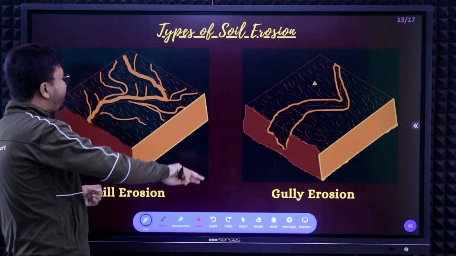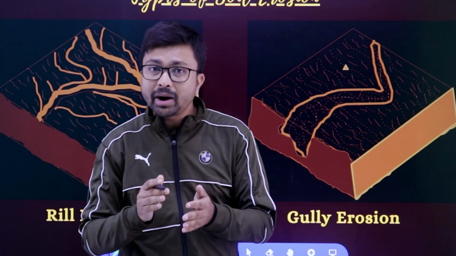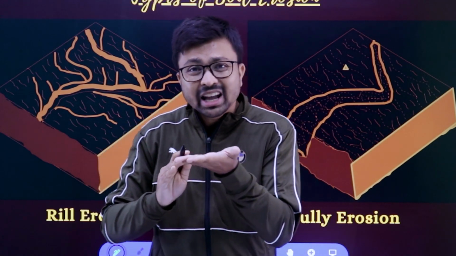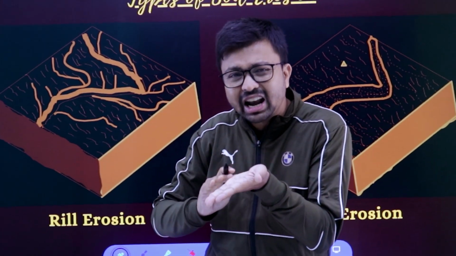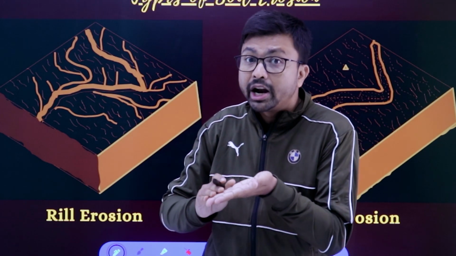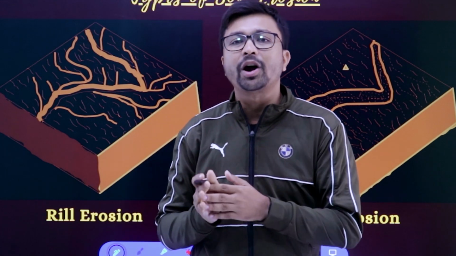Next, we will discuss rill erosion and gully erosion. Remember, rill erosion takes place in areas where the land is inclined a little bit. When the land is inclined a little, water will not remain in one place for long.